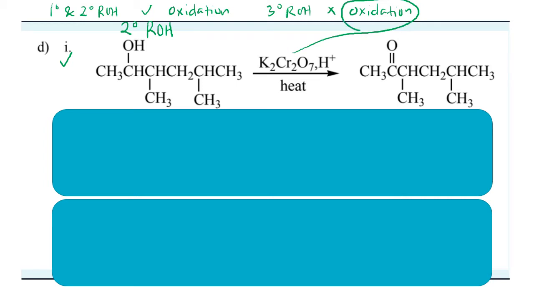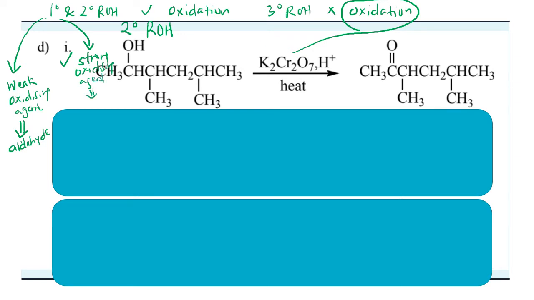You should also remember that if a primary alcohol reacts with a weak oxidizing agent, it will produce aldehyde. If a primary alcohol reacts with a strong oxidizing agent, it will produce carboxylic acid.